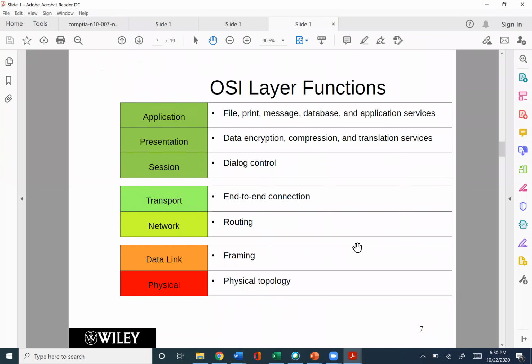That's how you open up a session between 2 devices, you establish a session. Presentation is the layer where a lot of the encryption happens, data encryption, data compression, and the exchange of keys for whatever encryption you're trying to apply. And then we have the application layer, which is your Word document, any applications that you can think of.